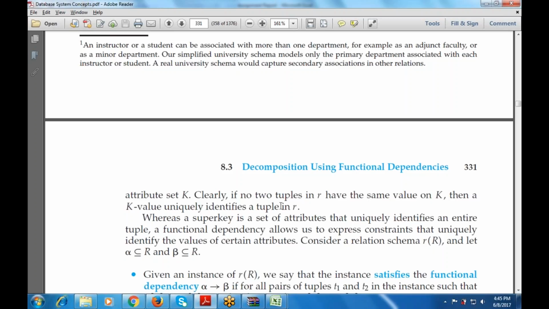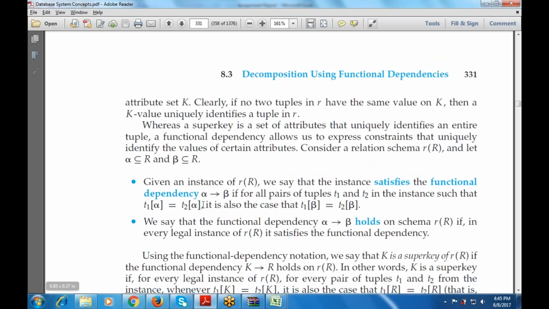So consider a relation schema R, and let alpha be a subset of R and beta also a subset of R. Consider tuples t1 and t2 such that t1[alpha] = t2[alpha], and also t1[beta] = t2[beta]. That is, the tuple 1 of beta is equal to the tuple 2 of beta.